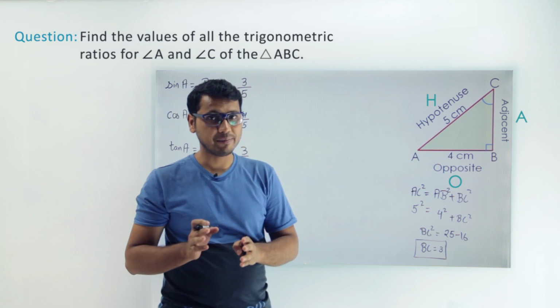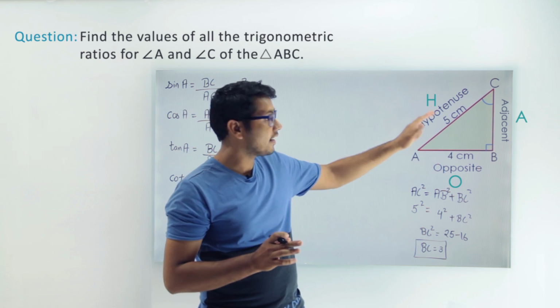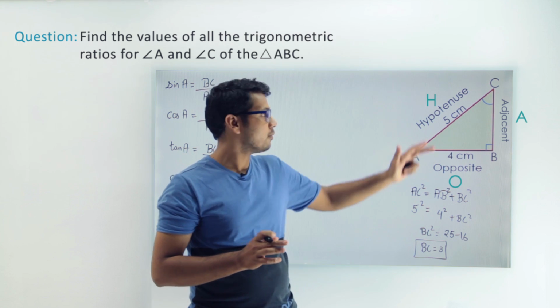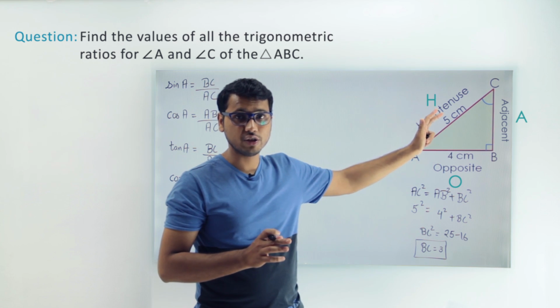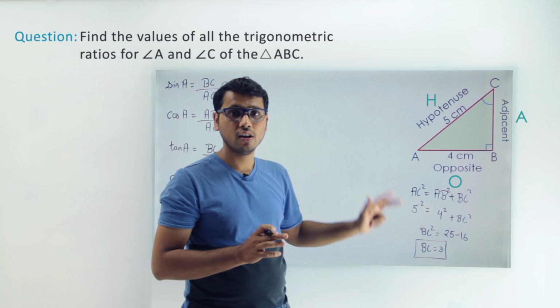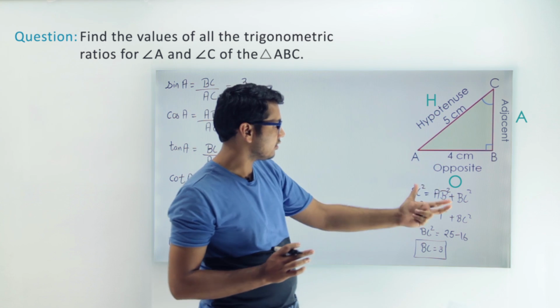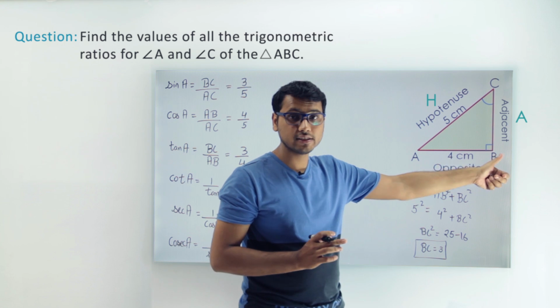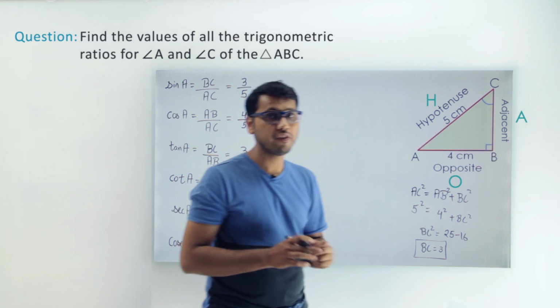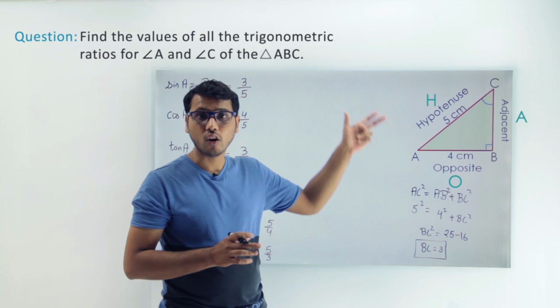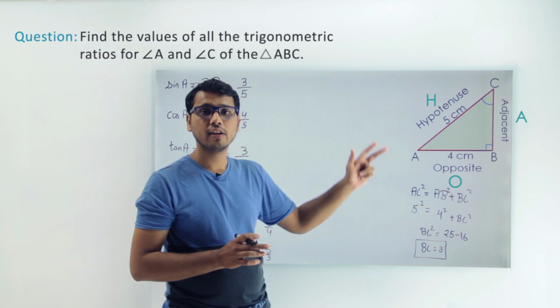You just have to remember that the angle of consideration has to be considered. By using the angle of consideration, you have to mark adjacent or opposite. Since angle C is being considered, we have marked opposite and adjacent according to angle C. Now we can apply SOH CAH TOA again for angle C and get all the trigonometric ratios for angle C.